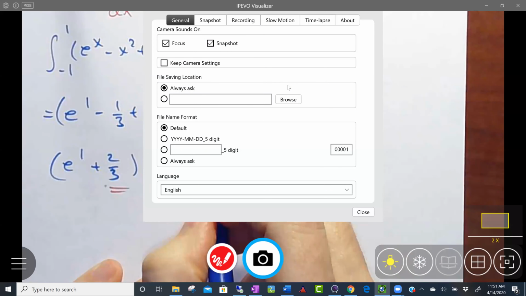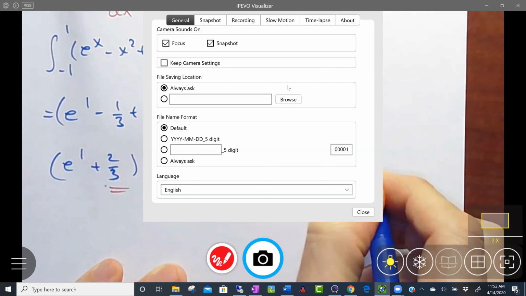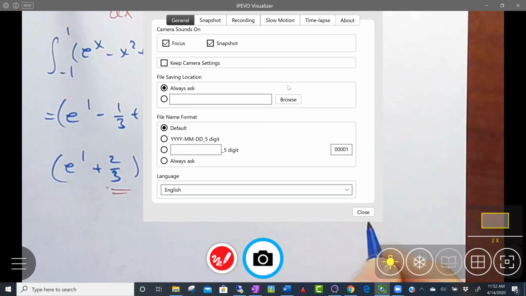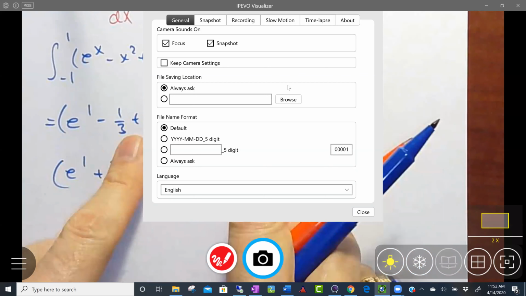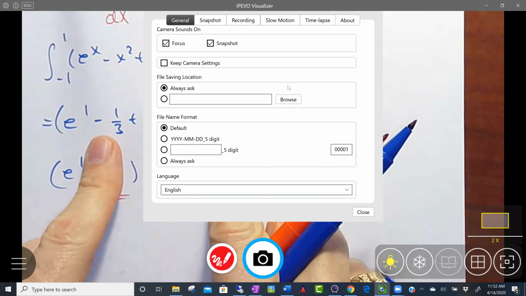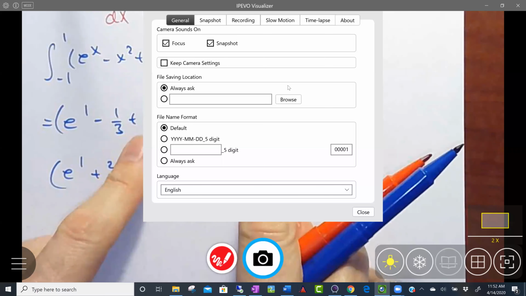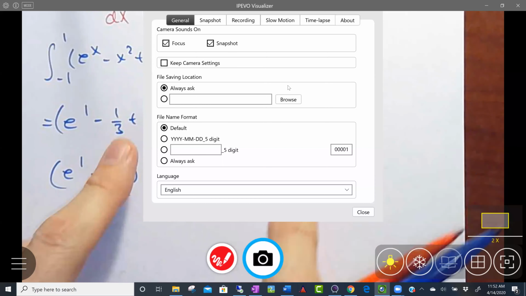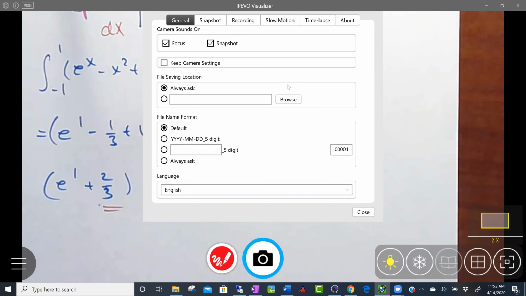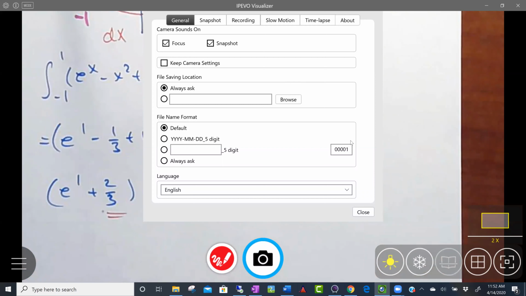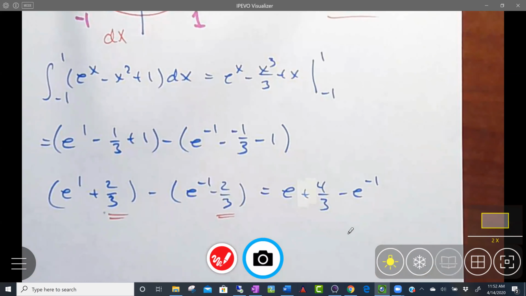If the negative carries through, we should have e to the first minus e to the -1 minus 1/3 minus 1/3 plus 2. Well, these two together give me a +2, and then I'll have a minus 2/3. So 2 minus 2/3 would be 4/3. It'd be 6/3 minus 2/3. Did I jump the gun before you were done writing? Maybe that's okay. There. So I think we're good there.